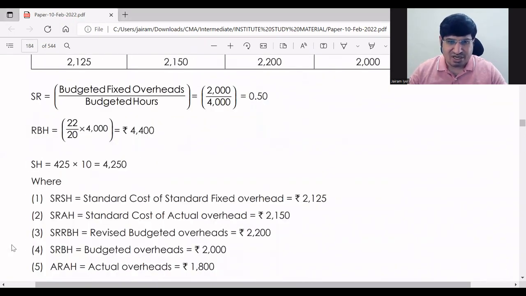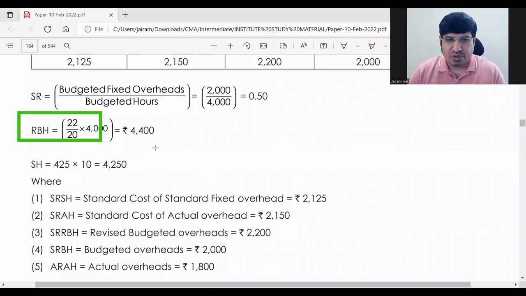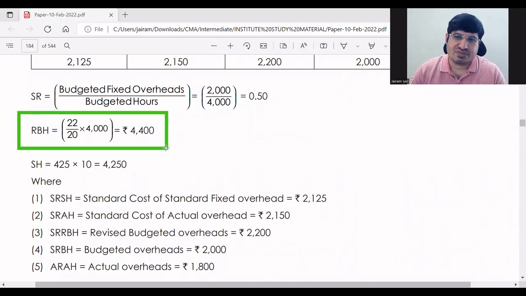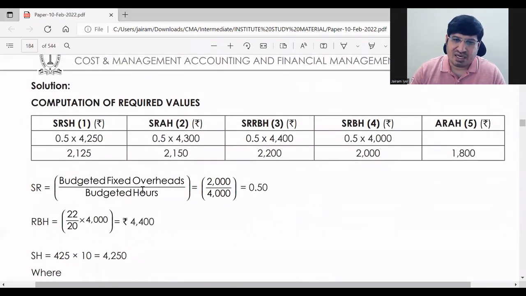अब यहाँ पे आप देखोगे here, this one here is 4,000 into 22/20. Okay, so ये हो जाएगा, this will give you 4,400, ठीक है, this will give you 4,400. यहाँ पे फिर से रुपीस डाल दिए, यहाँ पे काफी lots of printing mistakes are there, ठीक है, where there should be hours there, rupees and all that, ठीक है, तो ये रुपीस नहीं है, this is hours, ठीक है, 4,400 hours.